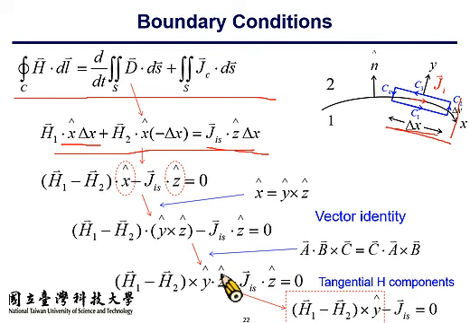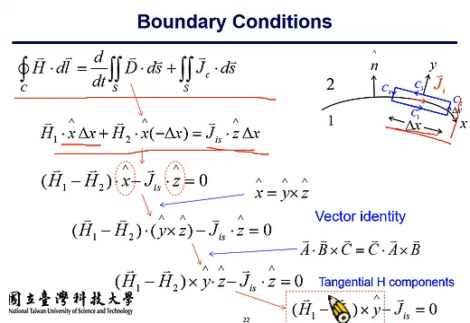The dot product with z can be removed, so you end up with H1 minus H2 cross y equals minus J_S, the surface current in the z direction, and you have H1x and H2x cross y.